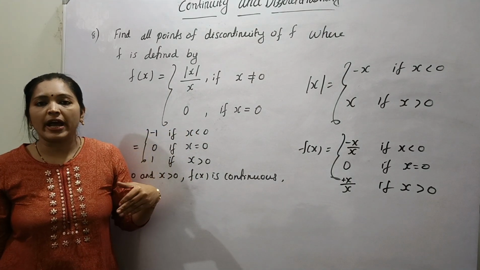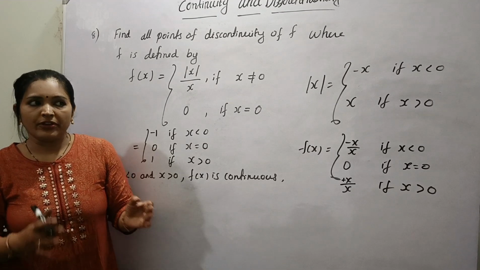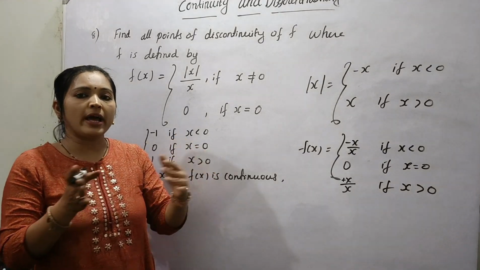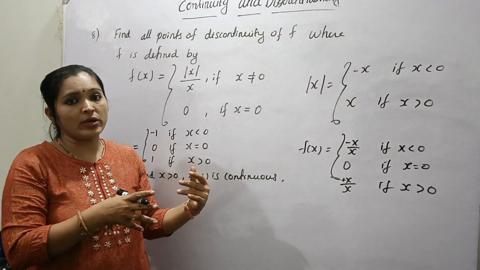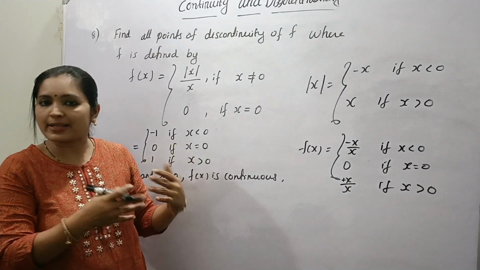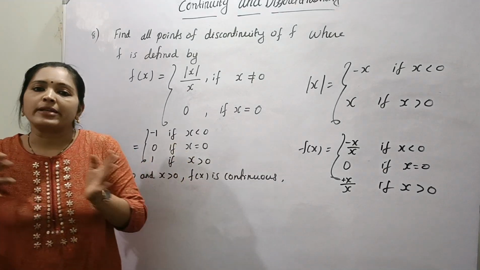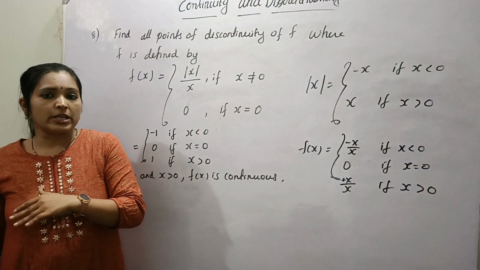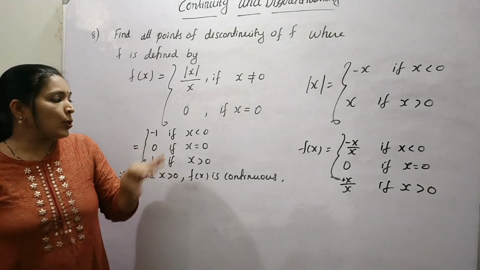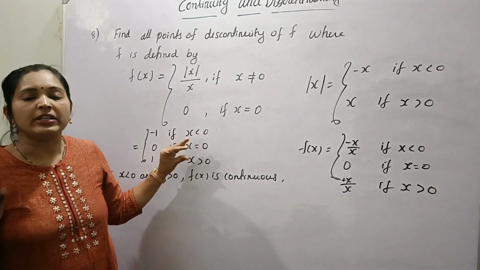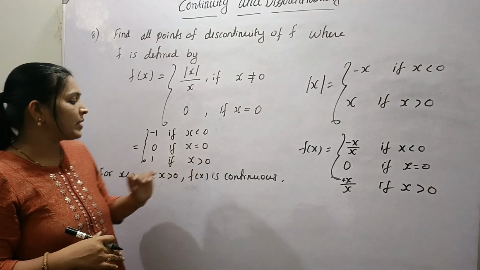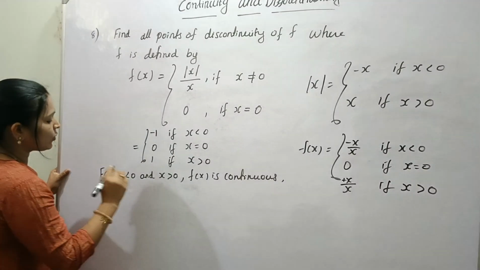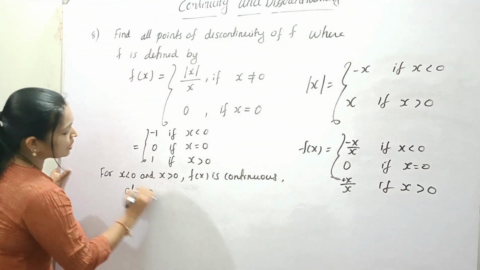When we take left hand limit and right hand limit, we know that left of 0 is nothing but negative values, that is less than 0. Okay, and right of 0 is nothing but positive. So here we have to check whether the function is continuous or not at x is equal to 0.